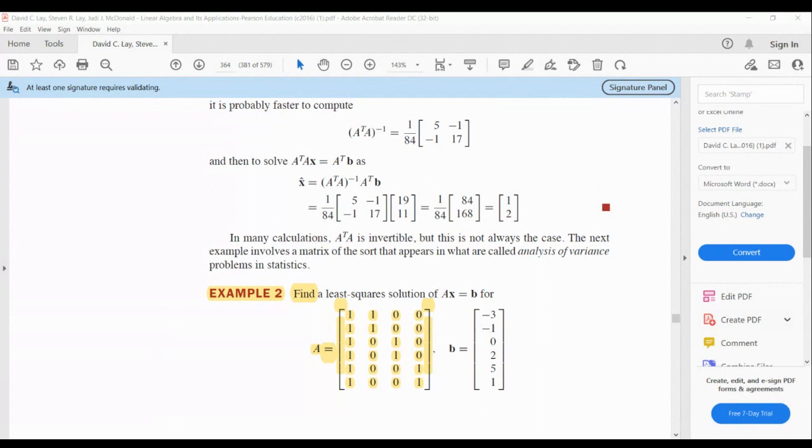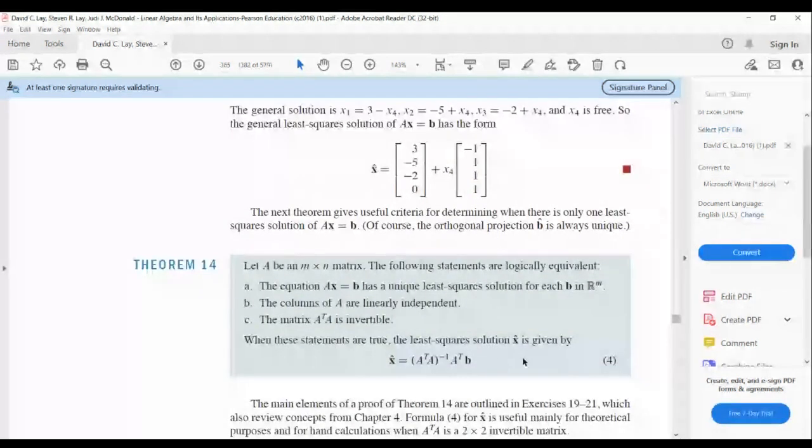So the formula, maybe I can just show you here. If we go a little bit down here in theorem 14, this formula here in theorem 14 we used in the previous example, but it's because the x hat formula there, it's because conditions A, B, and C were met.